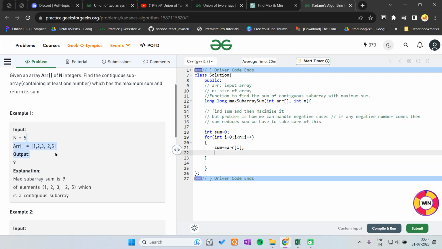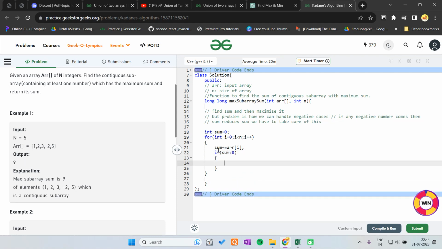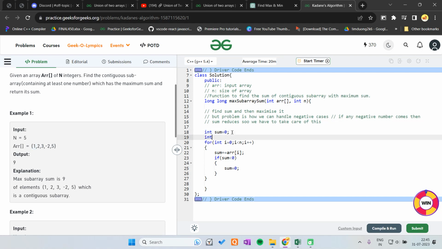So we find the sum, then we say if the sum is negative, then the sum is 0. Why am I saying if the sum is negative then the sum is 0? Because if the sum is negative, the overall sum is reduced, so we can't find the max from it. If there is a minus 7, there is a negative, so we get the maximum before it. The sum is 0, but the maximum we have to store somewhere.